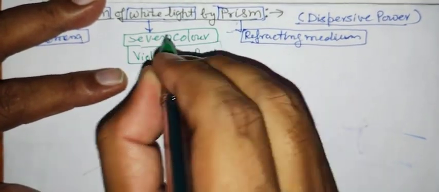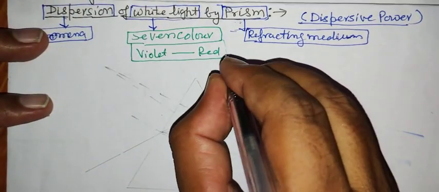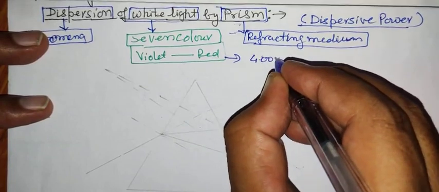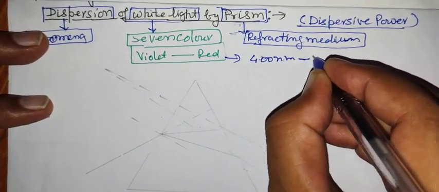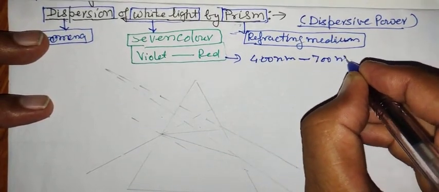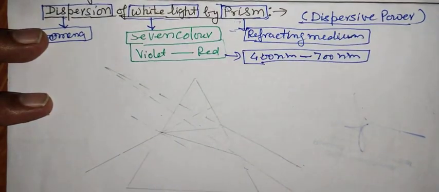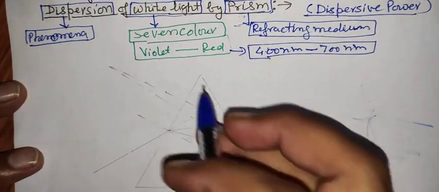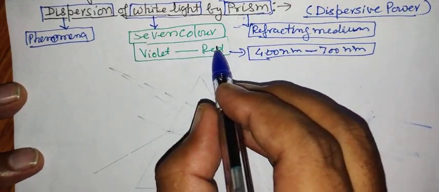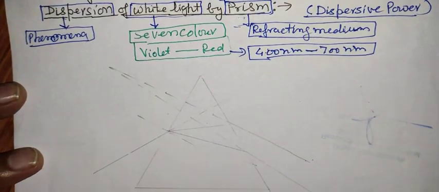In these 7 colors, violet to red, the wavelength we know is 400 nanometer to 700 nanometer. So it has 7 colors from violet to red, and this is the wavelength range given.